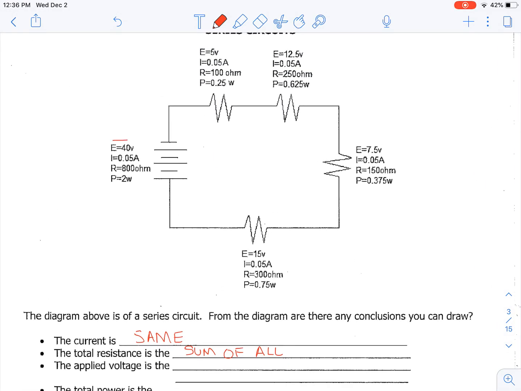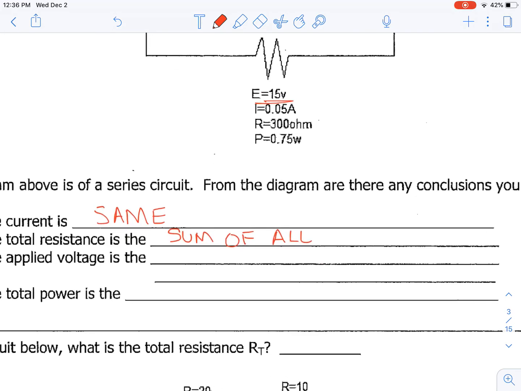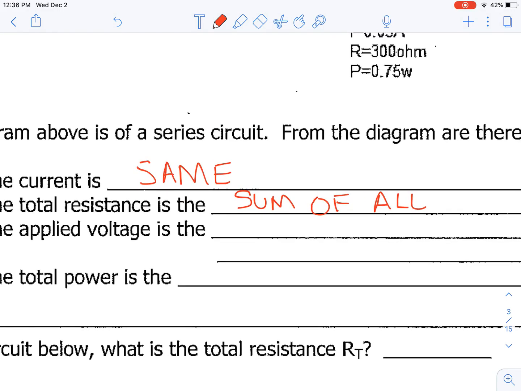Same thing with the total voltage. The total voltage is the sum of the voltages in each one of the resistors. So it's the sum of all of them.